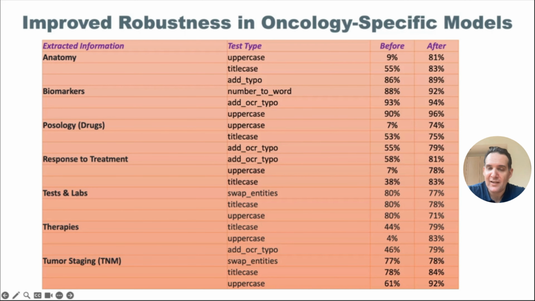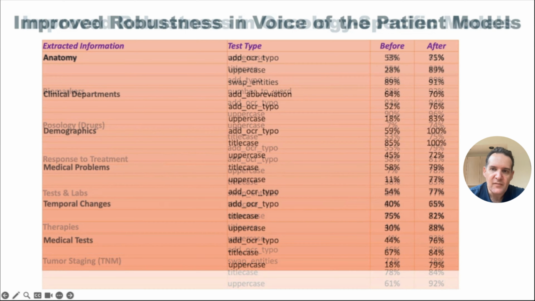OCR typos are specific typos that are common in OCR content, like mixing lowercase l and the digit 1, or lowercase o and the digit 0, B and F, B and R, those types of things. And entity swaps. This is completely automated, and you can see before and after improvements in how robust the models become.